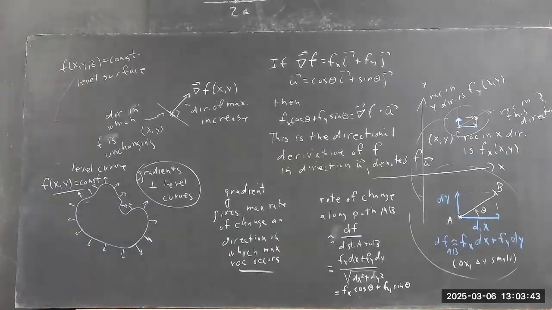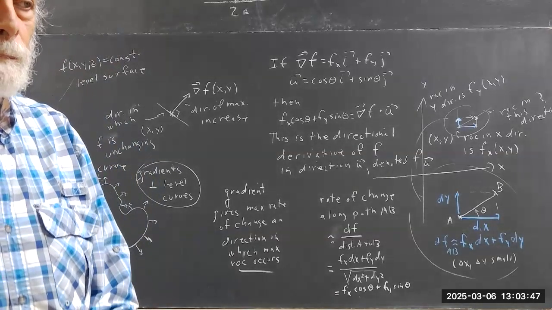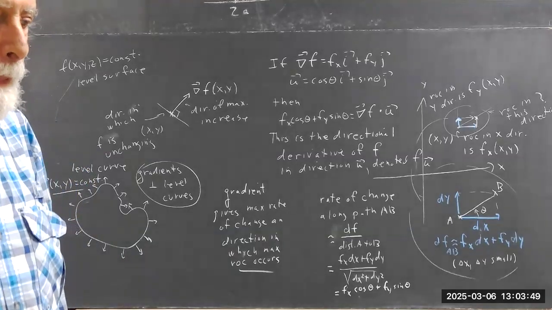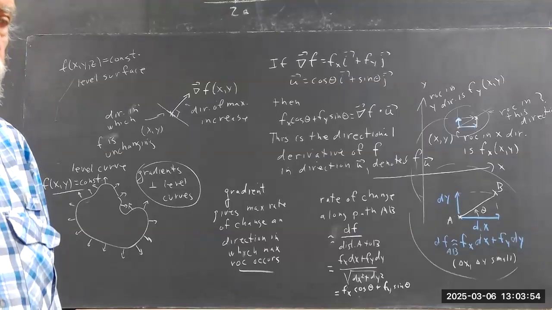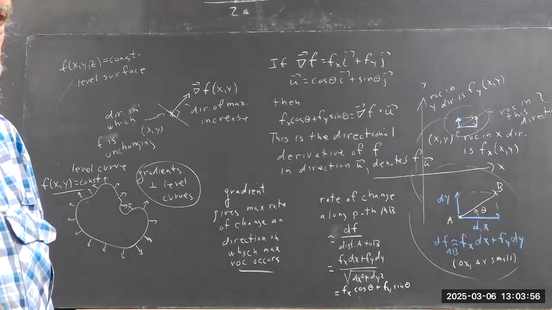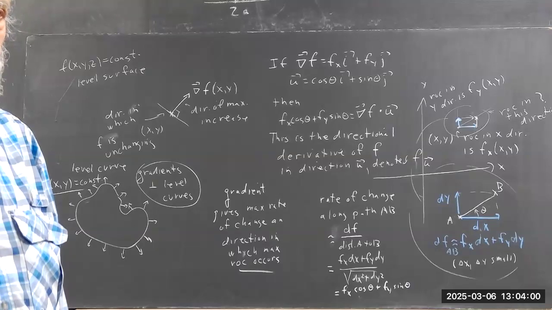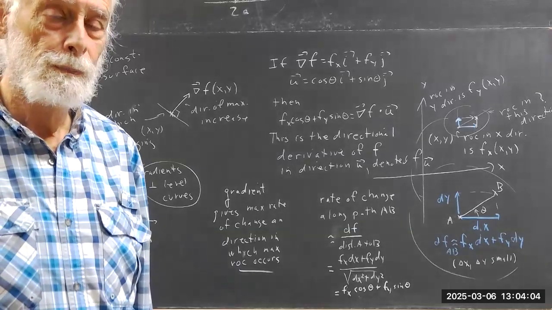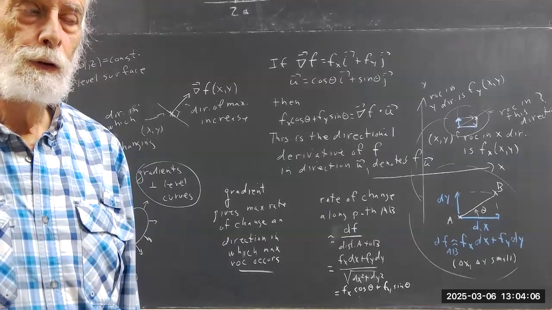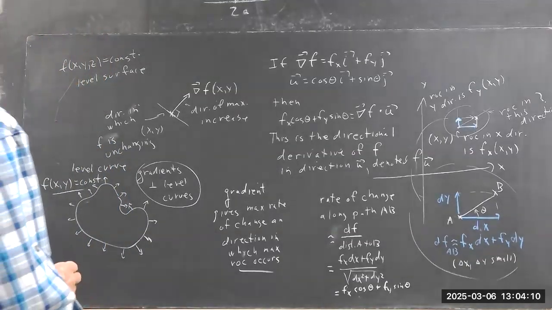And the gradients are, again, perpendicular to the level surface. So the gradients give you normal vectors. The gradient to a level surface is a normal vector.